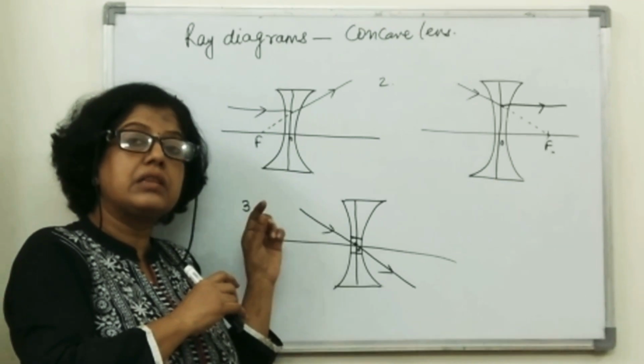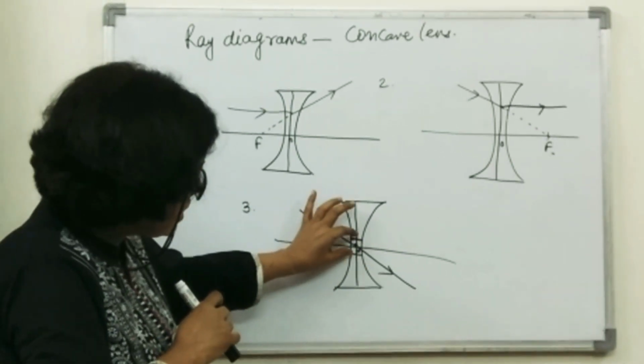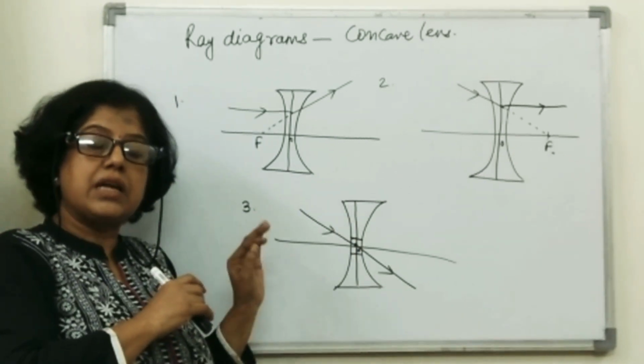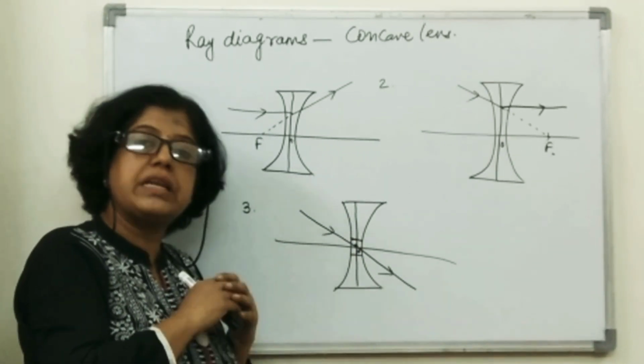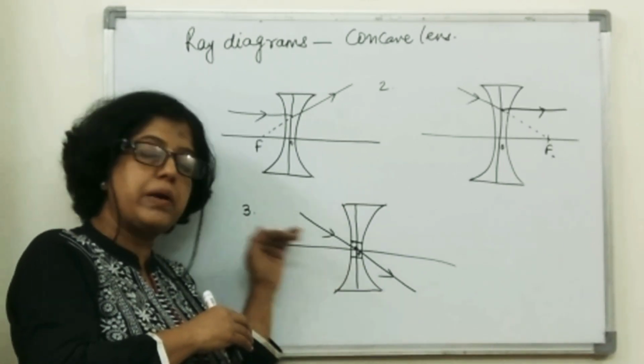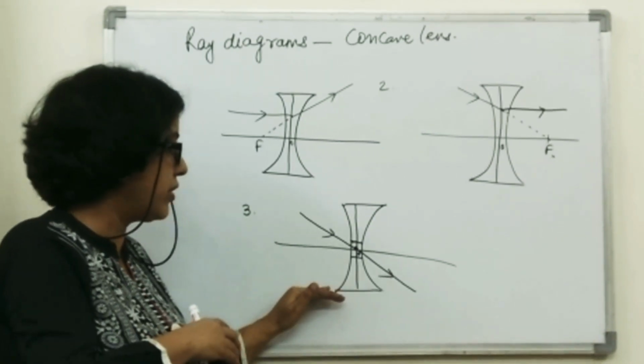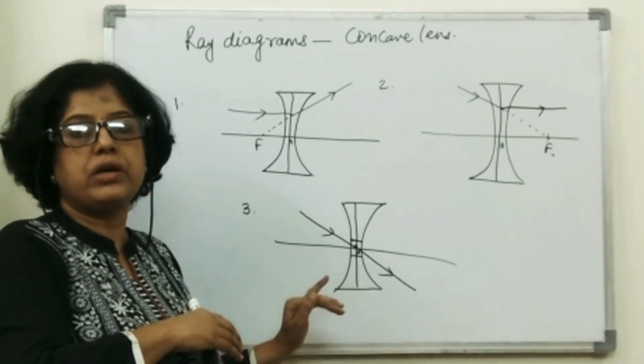We are considering a thin lens, so the thickness of the slab at the center of the lens is very small. That means the lateral displacement is almost negligible, and therefore the ray goes straight without any deviation. So this is the third ray that can be chosen for drawing our ray diagrams.